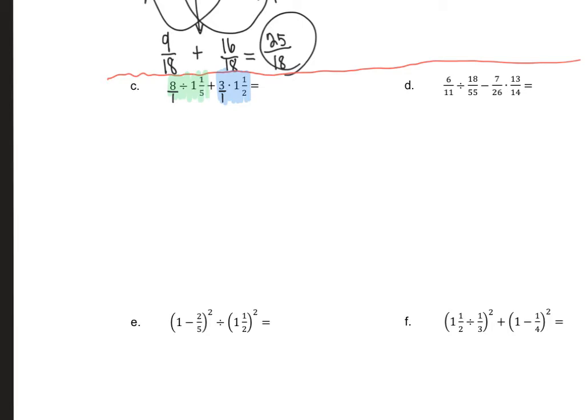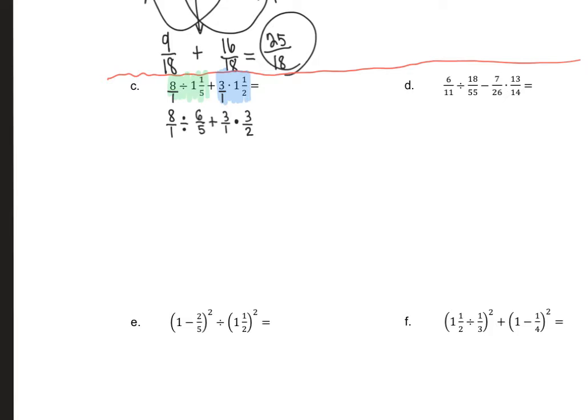So I make the whole numbers into fractions. My next step is to make the mixed numbers into improper fractions. So I'm going to leave this 8 over 1 divided by, this turns into 6 over 5, because I turn that into an improper fraction. Then this becomes 3 over 1 times 3 over 2.